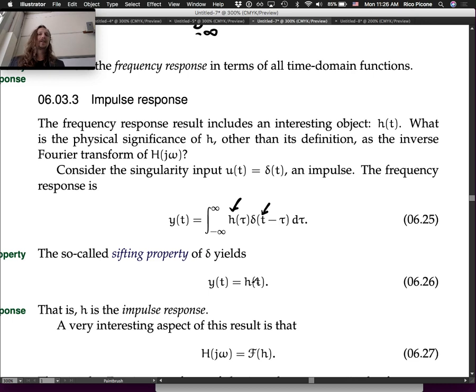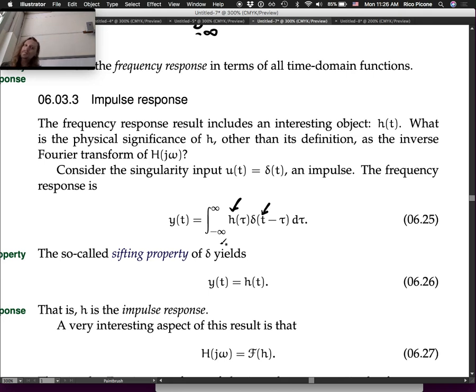So it gives you h of t. The sifting property says wherever delta is effective, wherever that peak occurs, is what it takes for the value of that function. So it sifts out h and evaluates it at time t.